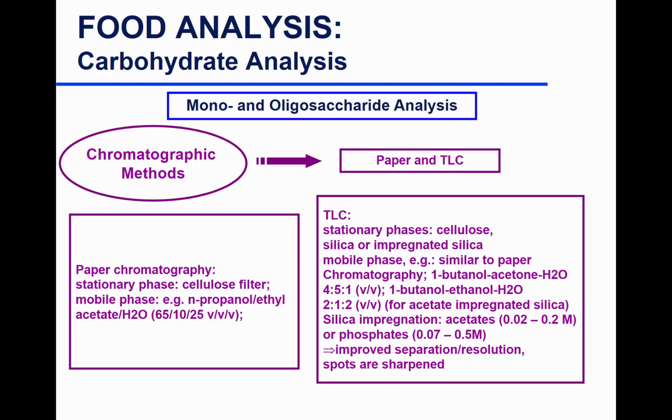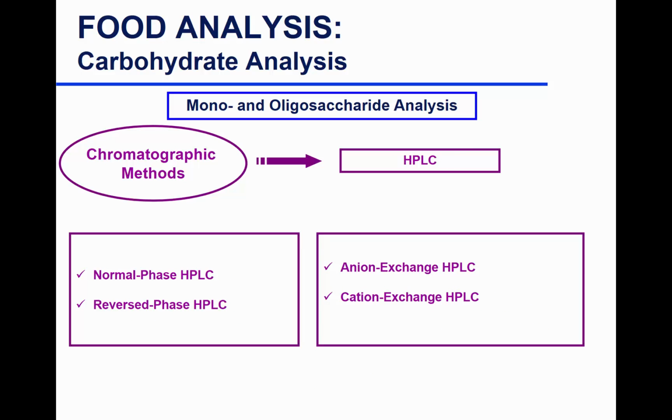And if you're using thin layer chromatography, you have better resolution and separation of your peaks. Not peaks, dots in this case. So this is just FYI, a refresher of thin layer chromatography from the chromatography chapter.